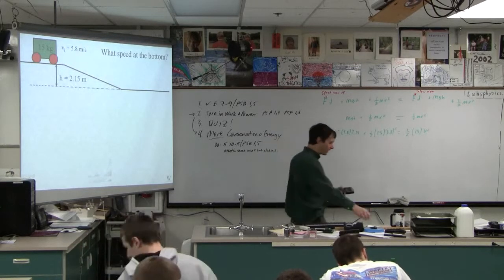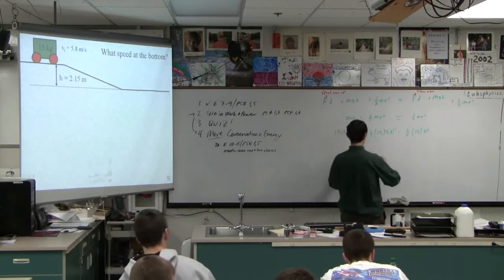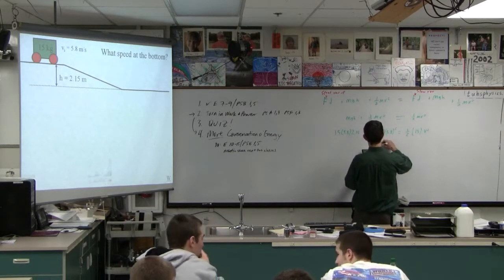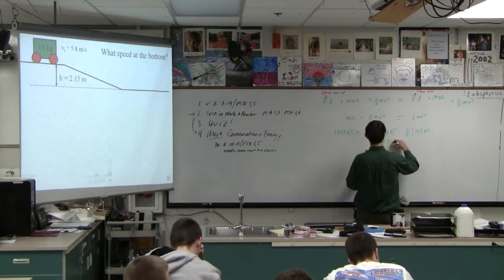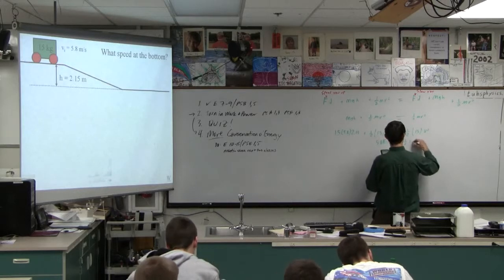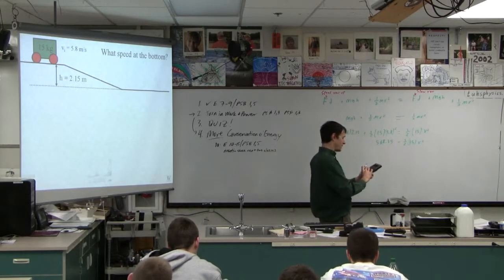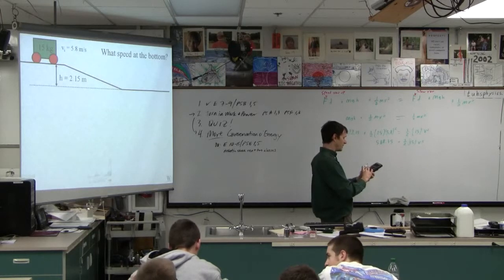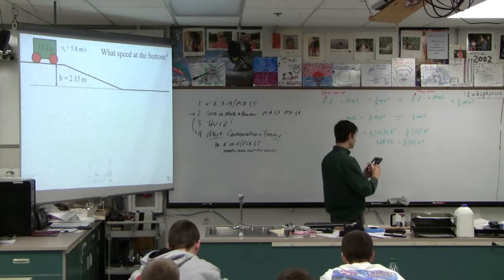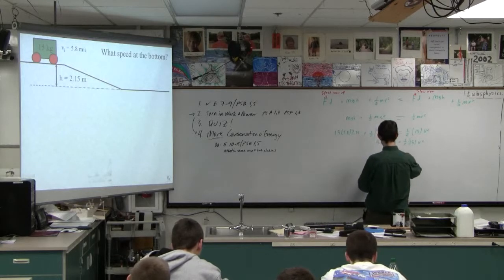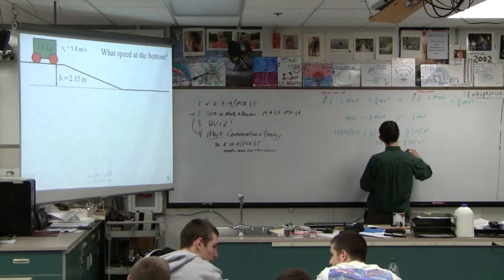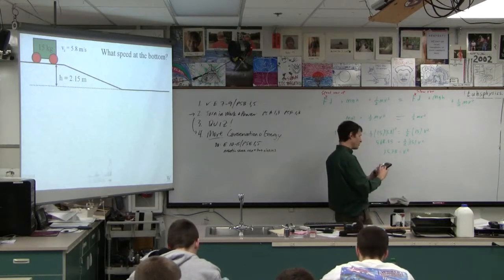Okay, I did this whole left side in one swell foop, and I got 568.35. So now I'm going to divide this by 0.5. I'm going to square root both sides.